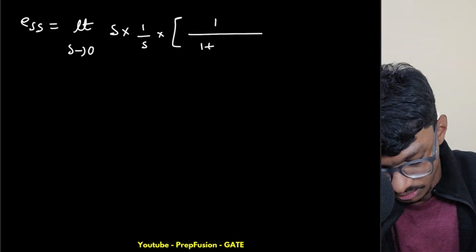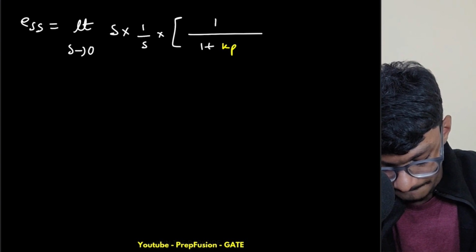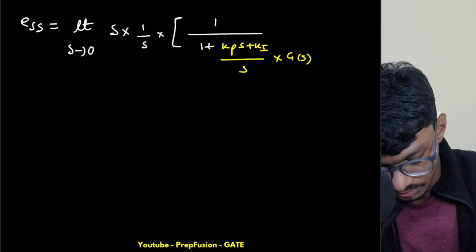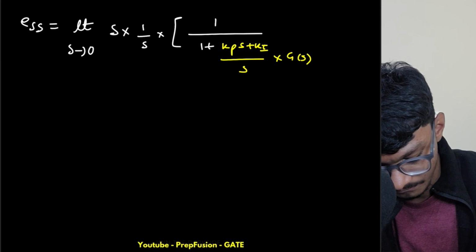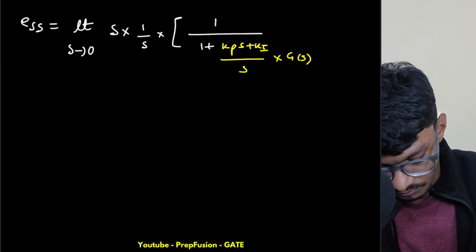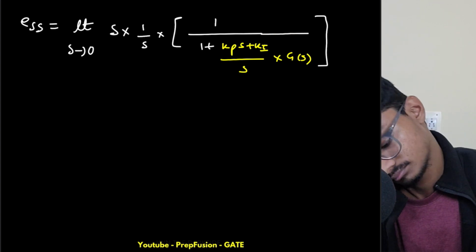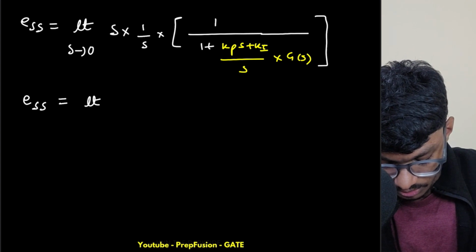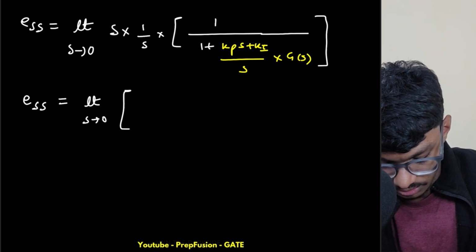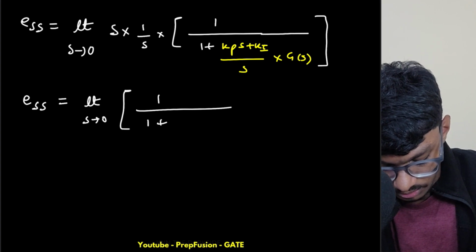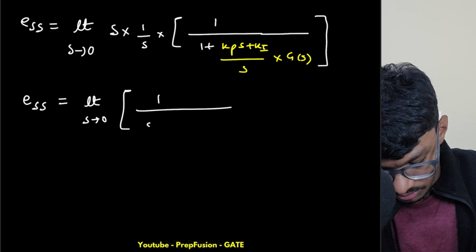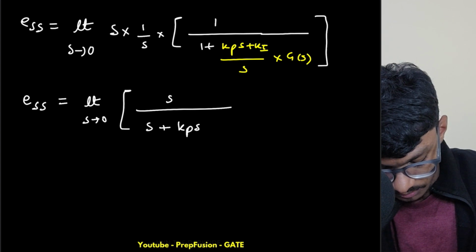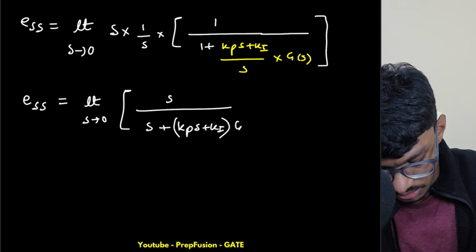Now this will be simply 1 over s into 1 over 1 plus (Kp s plus Ki by s) into G of s. So this will be limit s tends to 0 of 1 over... this will be s, this will also be s, like we're multiplying s, Kp s plus Ki into G of s.